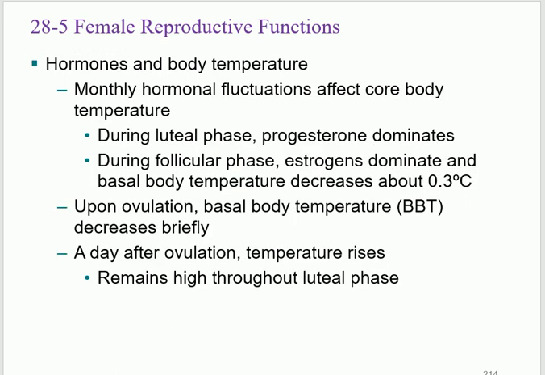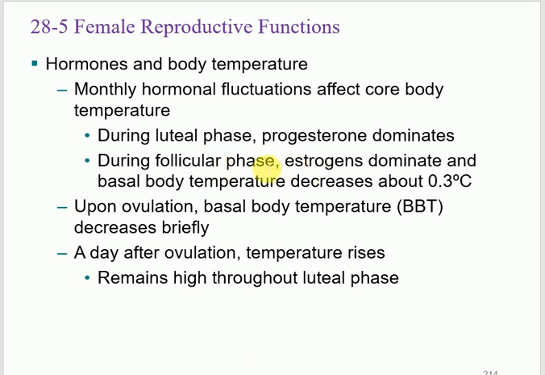Effect on the body temperature. The fluctuation of these hormones in females during the cycle is also accompanied by changes in the body temperature. During the luteal phase, remember this is where the progesterone dominates. And during the follicular phase, it's estrogen.